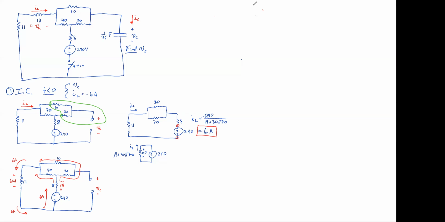So without drawing all the extraneous stuff, we've got a 30 ohm resistance on one side, a 70 ohm resistance on the other side, and we've got 6 amps going into this thing. And we want to know how much current is going around the right side. So what's the formula for that?